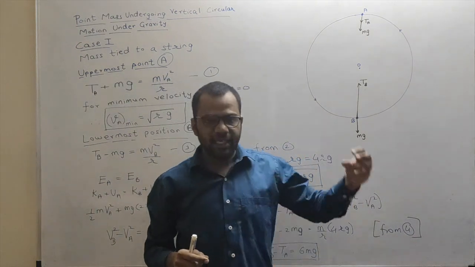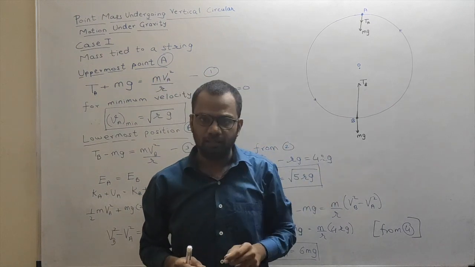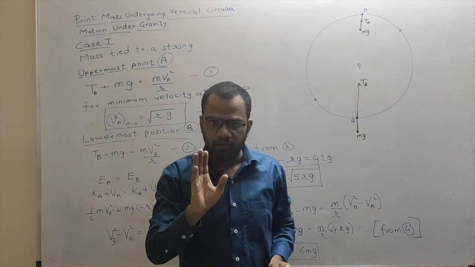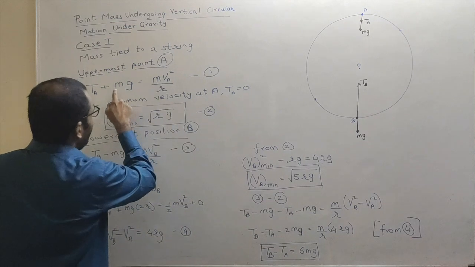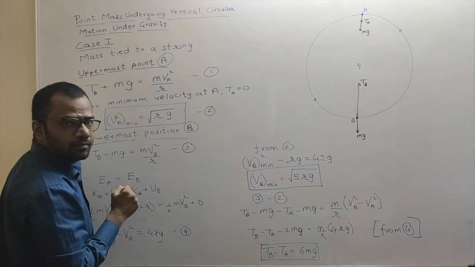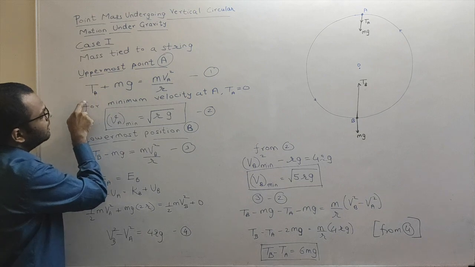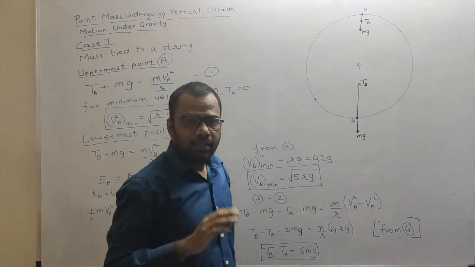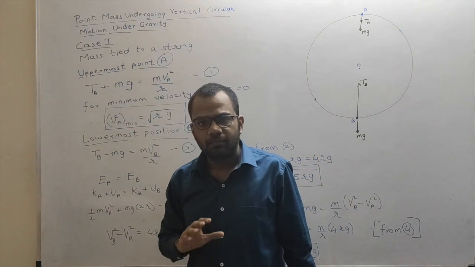When the particle is at point A, there must be some minimum velocity to keep the particle in vertical circular motion. For that minimum velocity, mg is constant. So as TA will be lesser, the velocity will be lesser. The velocity will be minimum when TA is 0. Getting this?